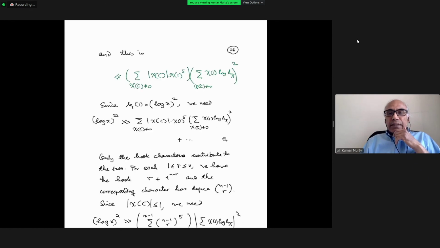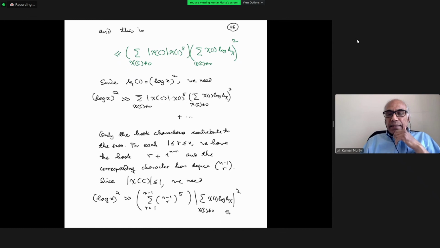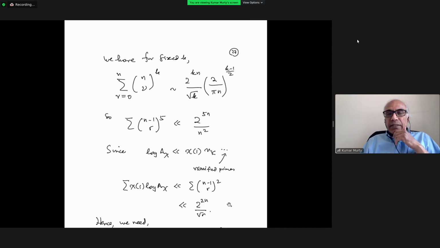And now there's this log a chi, this Artin conductor that we have here, that grows like chi of 1, the degree, times the degree of the base field times some stuff coming from ramified primes. And so this chi of 1 log a chi, again, if for a moment you ignore the n k, it's roughly this n minus 1 choose r squared. So you get 2 to the 2n over root n.